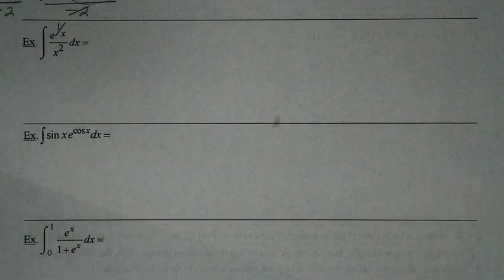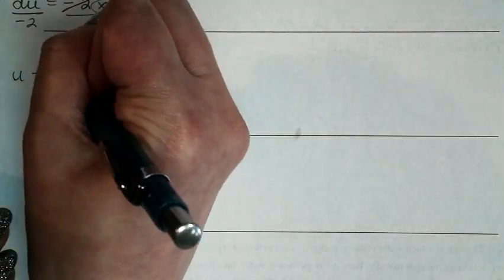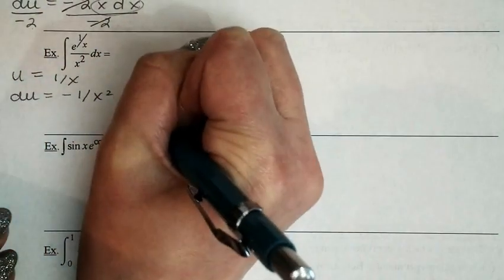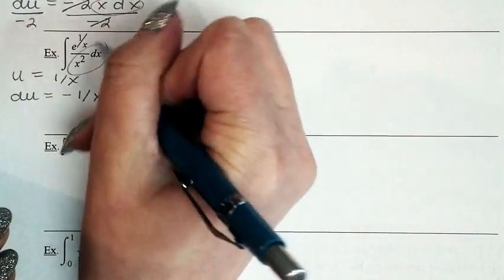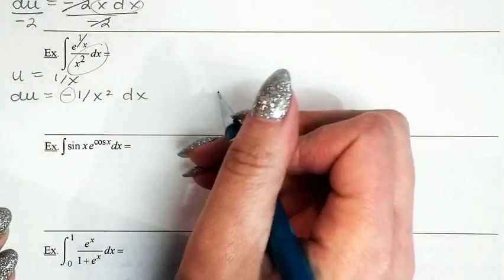Similarly, for this problem, even though it looks a little bit intimidating again, you're going to substitute the exponent as the u. So you have u equal to 1 over x. Therefore, du is equal to negative 1 over x squared dx, because that's the derivative. You do have the 1 over x squared dx, but you don't have the negative, so don't worry about that.